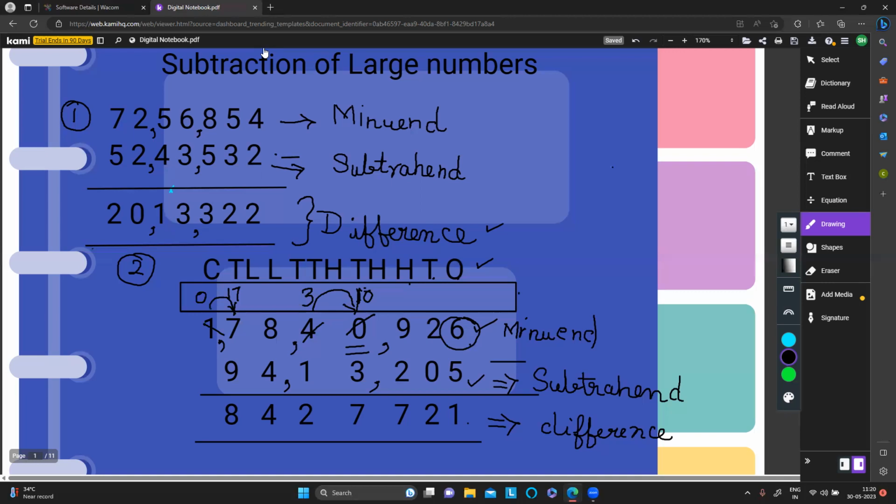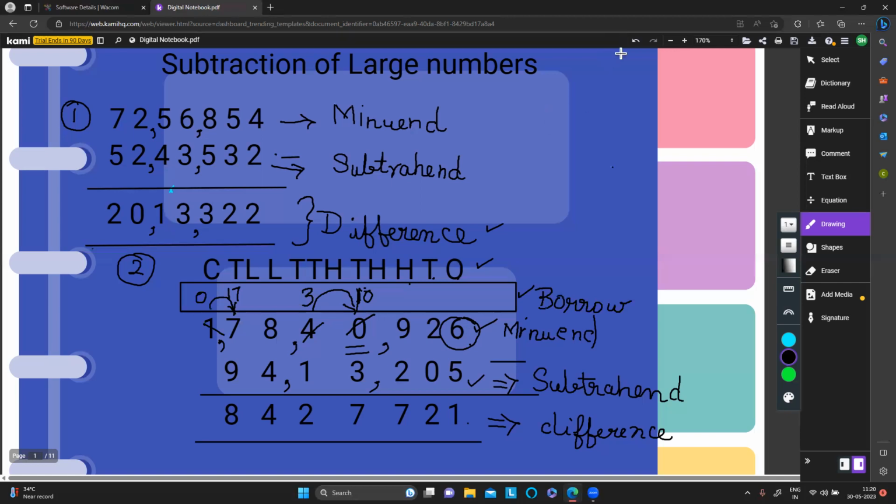And this box is given for borrowing. Borrowing is done from the adjacent number when the numbers in the minuend are smaller than that of the subtrahend.